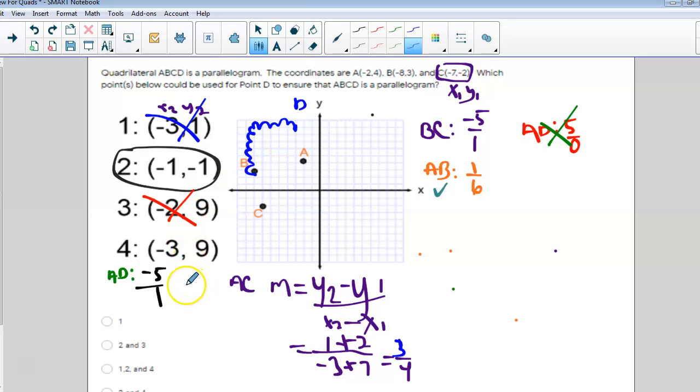Okay, so that does not work for B to D. So B to D would have a slope of, we said 6/1, 2, 3, 4, and 5.